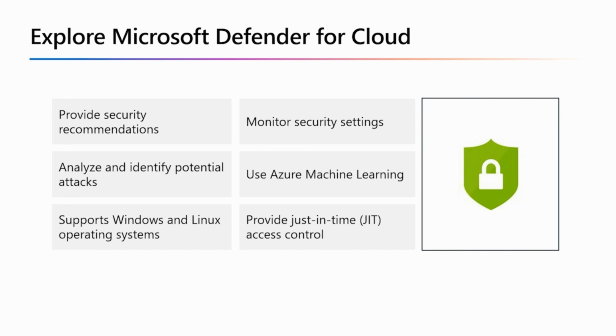It also helps to monitor security settings based on those assessments and your Azure inventories, and it also helps to analyze and identify potential attacks. Some intelligent features are backed by Azure Machine Learning. Microsoft Defender for Cloud is cloud-based, so it works regardless of OS. Enhanced tiers include a feature called Security Alert, which we can use for many monitoring and maintenance scenarios.